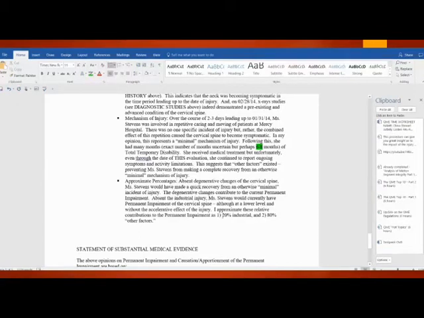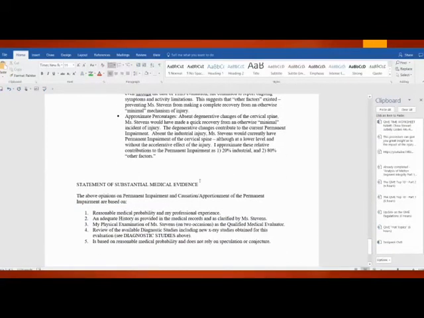So I opined for 20% industrial and 80%, the great preponderance, 4/5, being due to other factors.